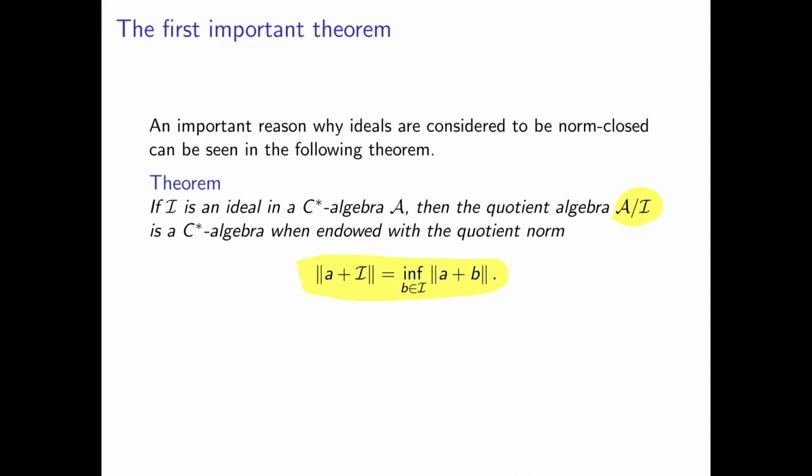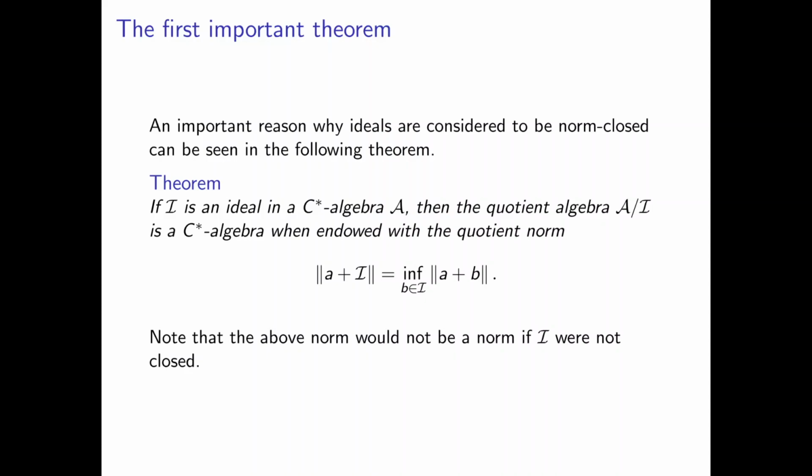And now, if the ideal is not norm-closed, this norm would not be a norm, it would only be a semi-norm. Because you could find elements in the quotient whose norm would be 0.